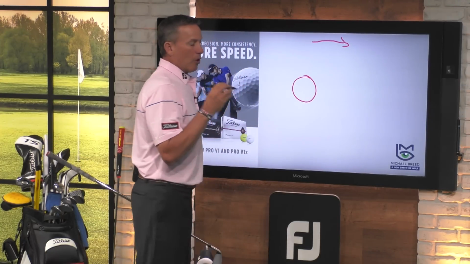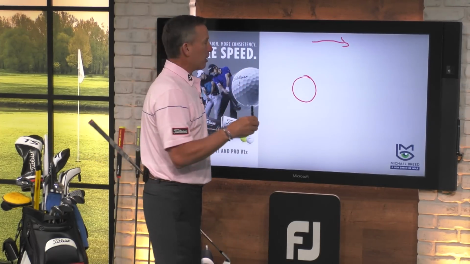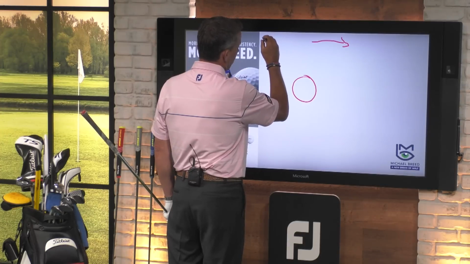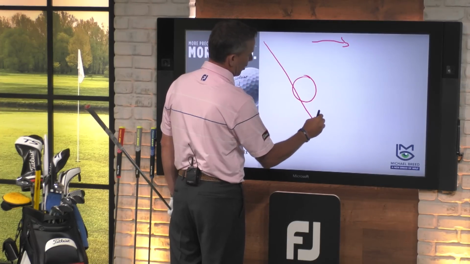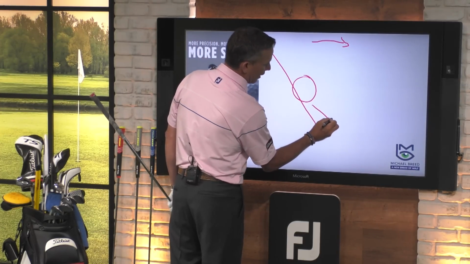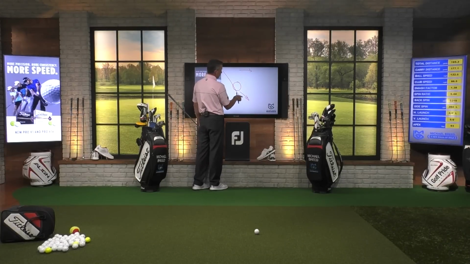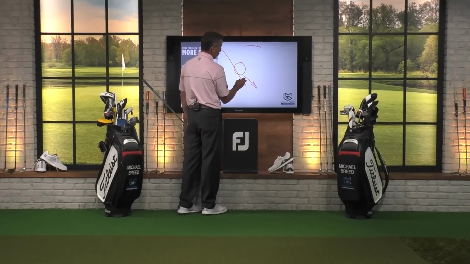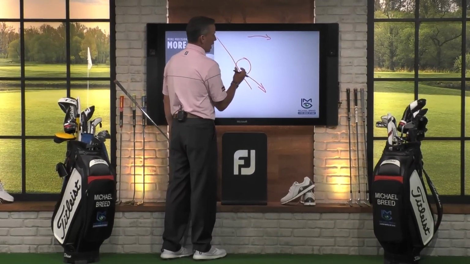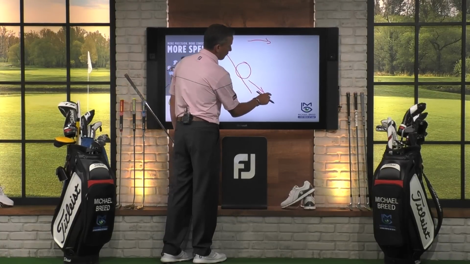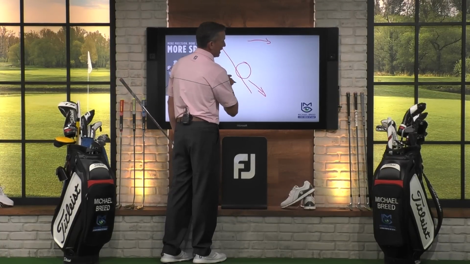Now, when I take the club and I create a steep angle of attack, this club is coming in on this angle right here. Energy is driving in that direction right there, or downward. And as that energy is driving downward, I'm losing a lot of my collision. I'm sending a lot of the energy downward instead of forward.